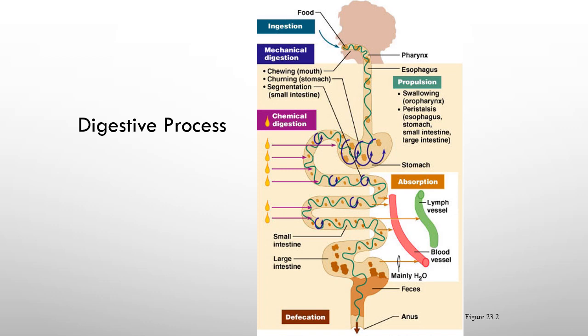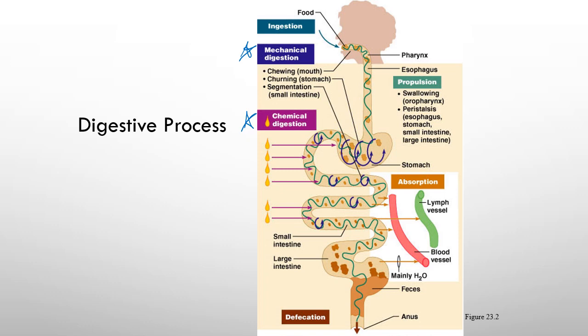And so we have areas for mechanical digestion, we have areas for chemical digestion along the way. And in some places, both of them are kind of mixed together, mechanical and chemical digestion together within the same area.